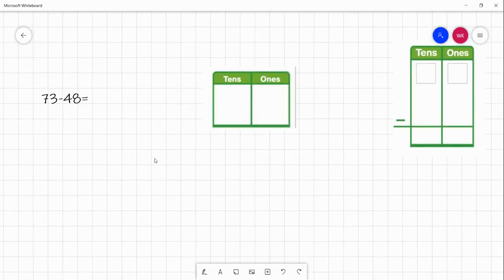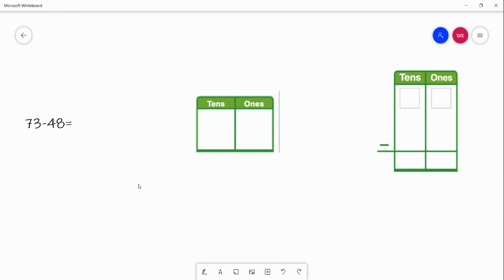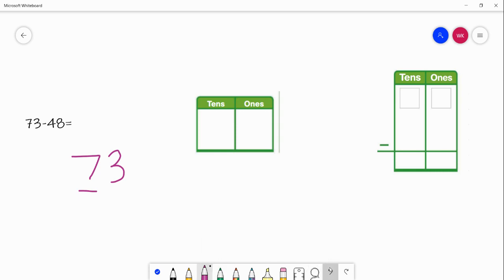All right, my next problem is 73 minus 48. So let's go ahead and do our tens and ones first. So our number is, I'm going to make that a little bigger, 73. So we have 7 tens and 3 ones.